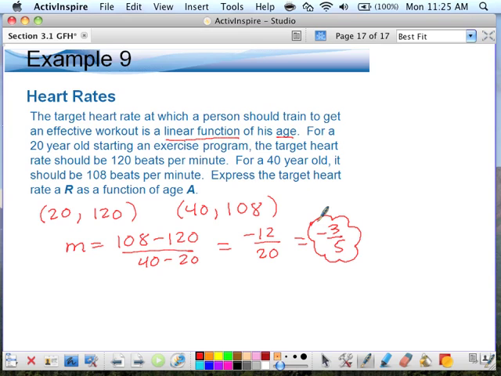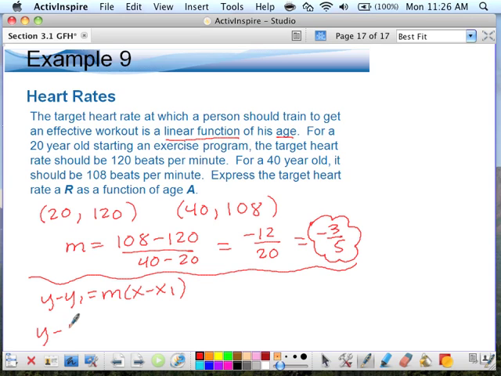So there's your slope. Then we can plug into the formula y minus y1 equals m in parentheses x minus x1. So y minus 120 equals m times x minus 20.